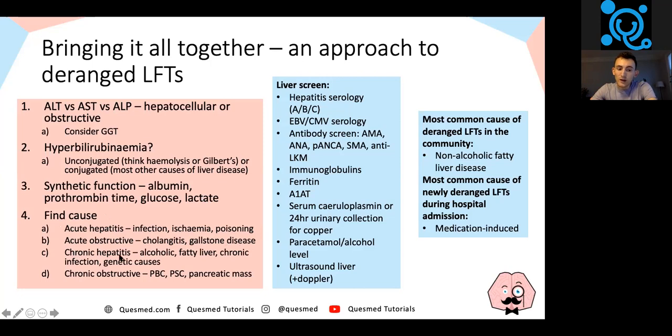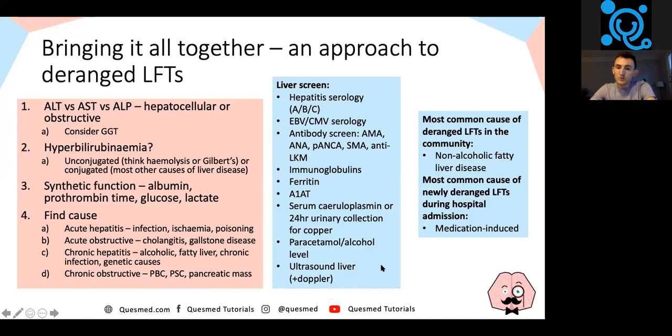Causes of chronic hepatitis are things like alcoholic liver disease, fatty liver disease, chronic infections like hepatitis B or C, and genetic causes like hereditary hemochromatosis and Wilson's disease. And chronic obstructive causes are things like autoimmune causes like PBC and PSC, and pancreatic causes, things like pancreatic malignancies or cholangiocarcinoma.